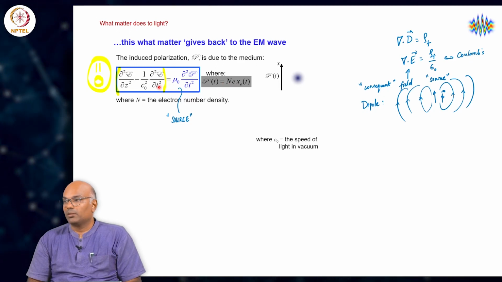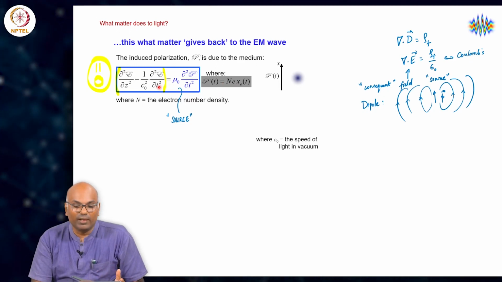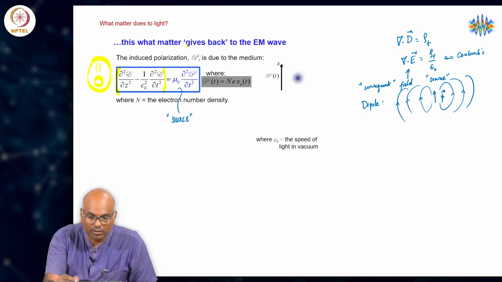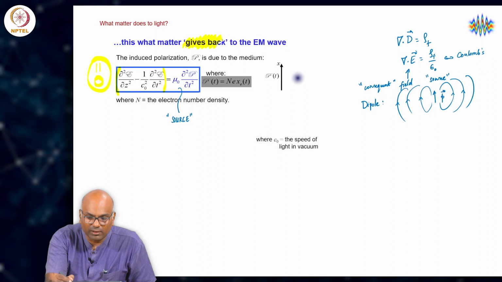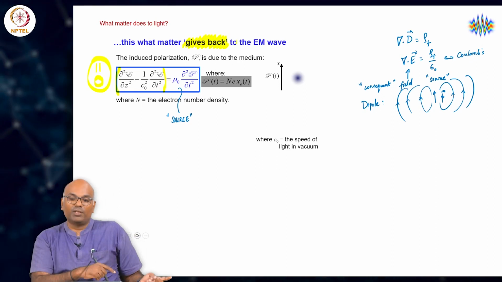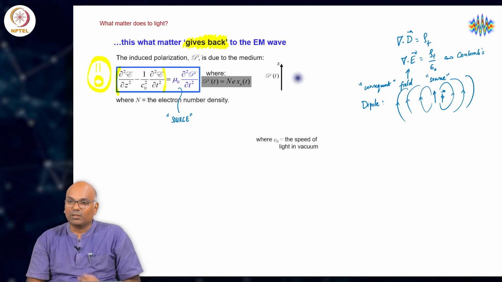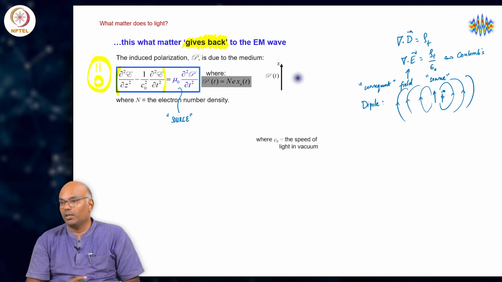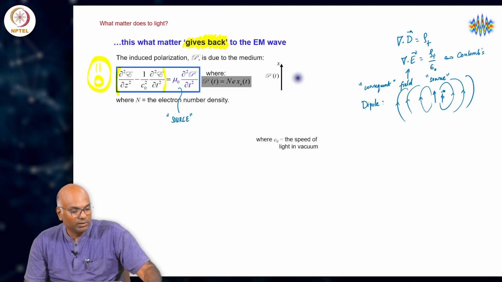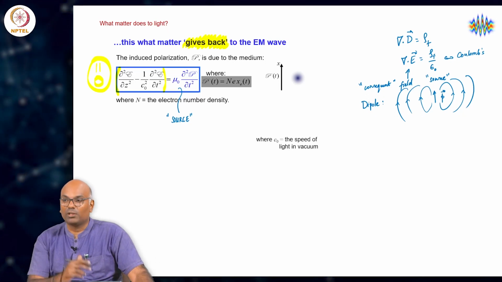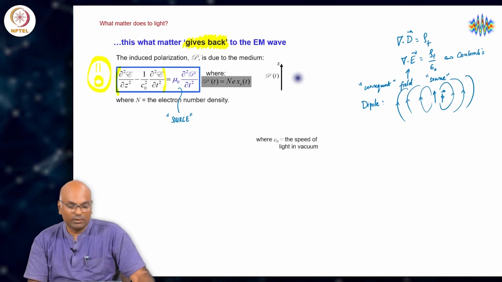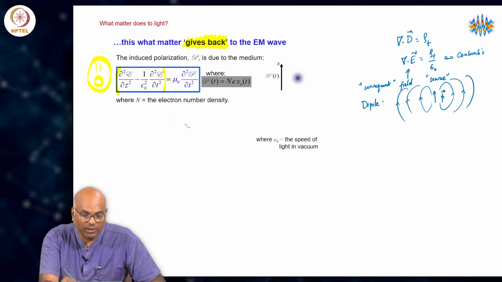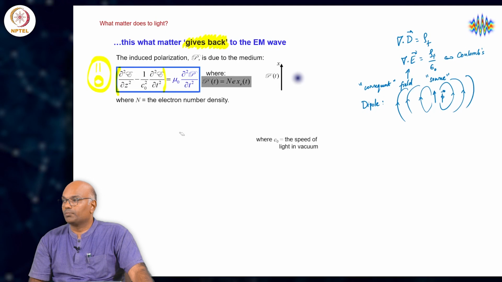So that is where matter is giving back to the wave which kicked it into oscillation. It is a counter punch, like a pair of friendly boxers in a ring. So that is the source term. On the right hand side we have a source term.